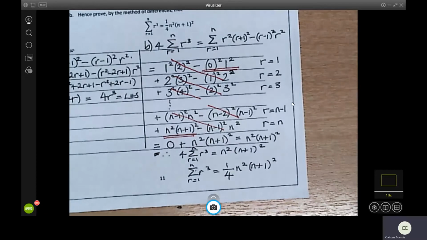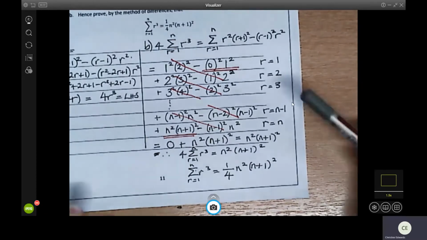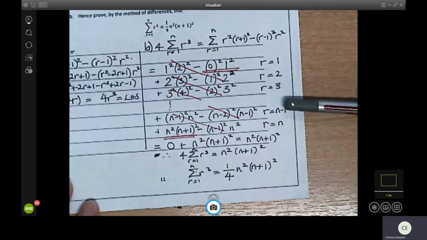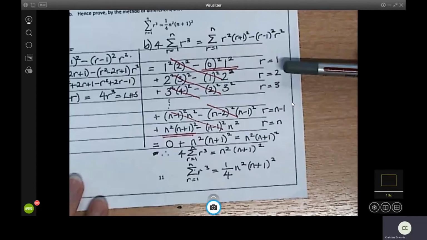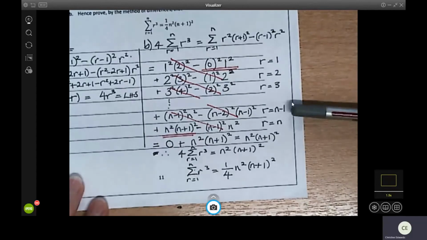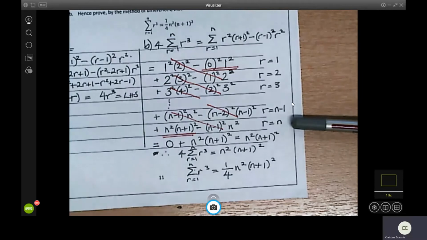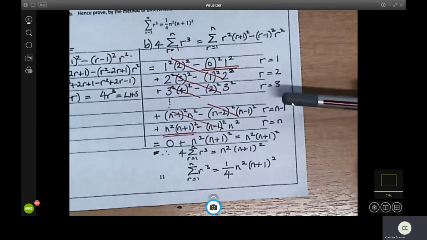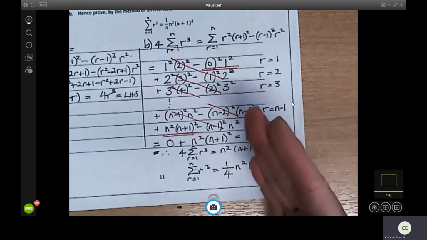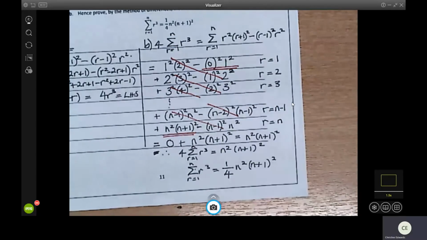If I hadn't spotted the pattern straight away, I could have added in r equals 4 and r equals n minus 1. Usually you would be required to show r equals 1, r equals 2, and then the two at the end of the summation as a minimum amount of working. Add in extra ones if you need to be able to see the answer. And then I would also leave the terms uncancelled because it allows you to see the pattern more clearly.